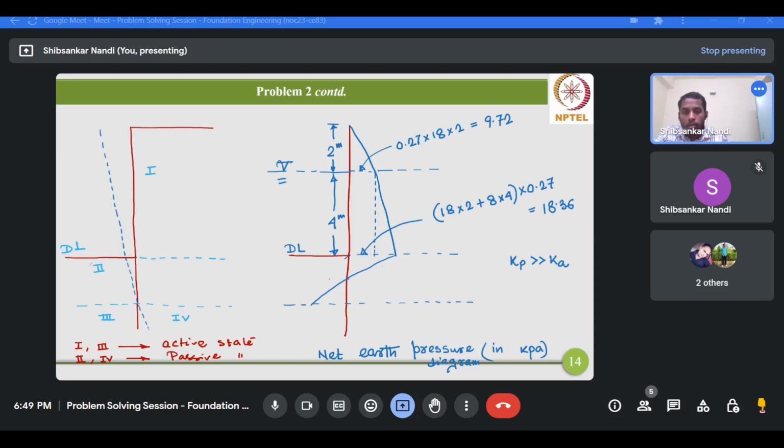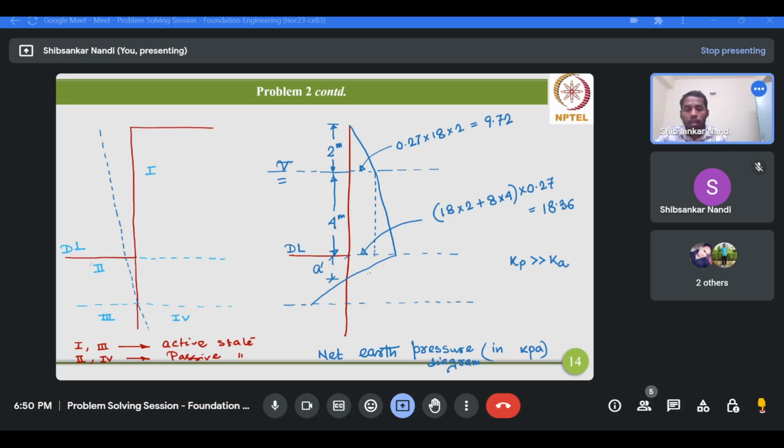What is the location of this net zero pressure? From the dredge level we introduce a variable called A prime. A prime indicates the distance from the dredge level to the net zero pressure location, so A prime denotes the location of net zero pressure below the dredge level.